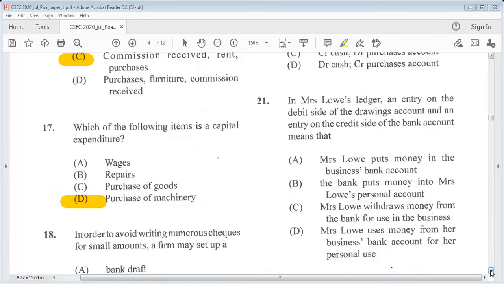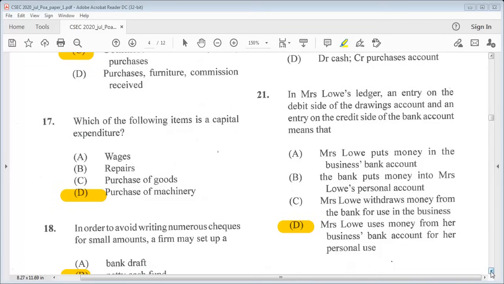So we know A and B would be out. So we know that our answer would be D. Mrs. Lowe uses money from her business bank account for personal use. Let's go on to number 22.